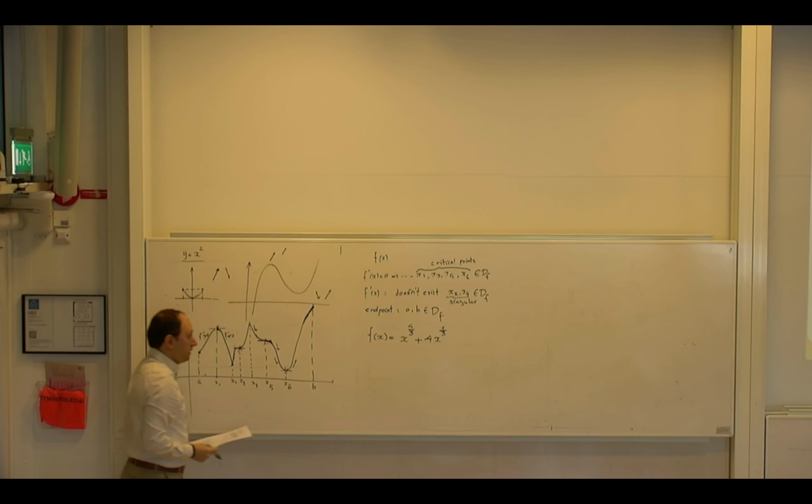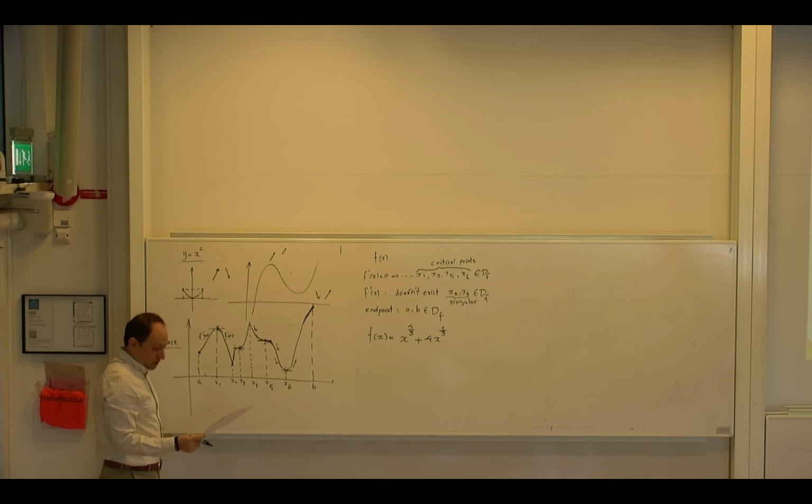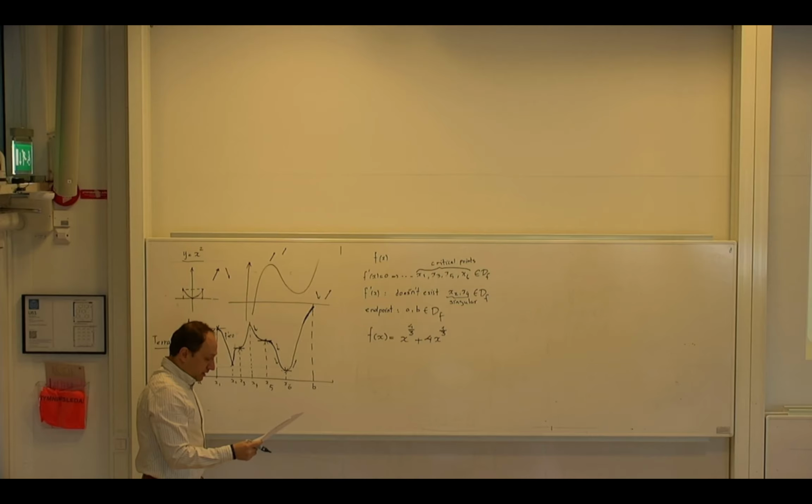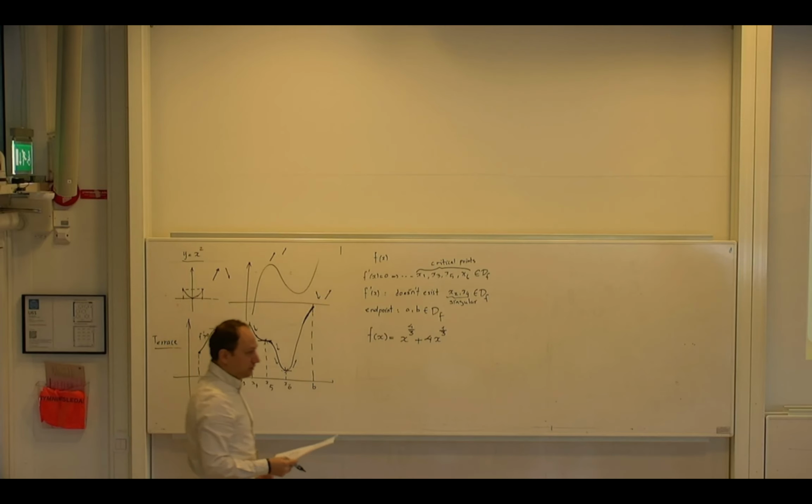Yes? And this is the question. The question is that determine the extreme points. By the way, if I say extreme points, I mean both minimum and maximum points. So determine the extreme points of this function and specify the nature of these points.